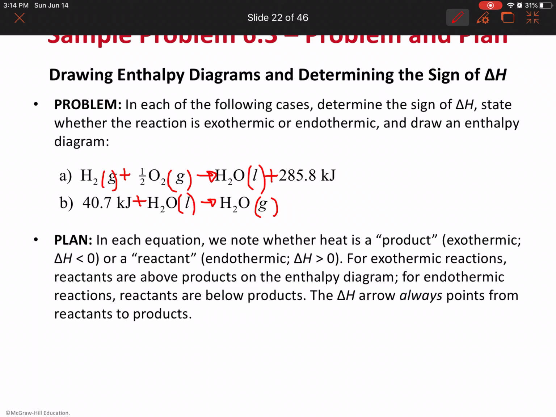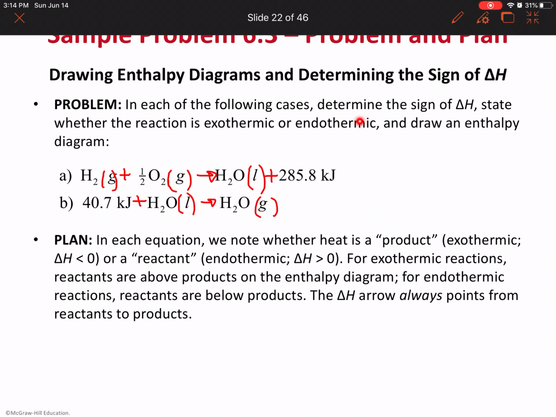Now in these two cases, the first one, hydrogen with half oxygen giving you liquid water plus 285.8 kilojoules. The next one, liquid water plus this amount of heat giving you gaseous water.